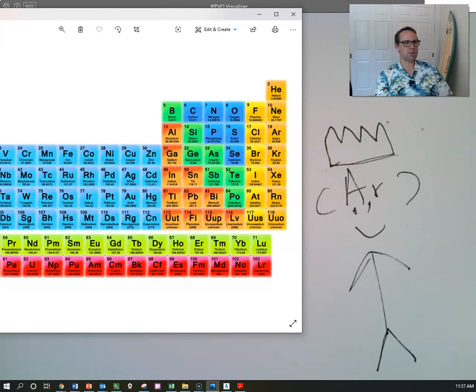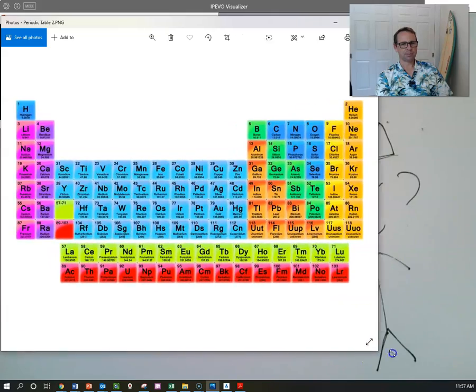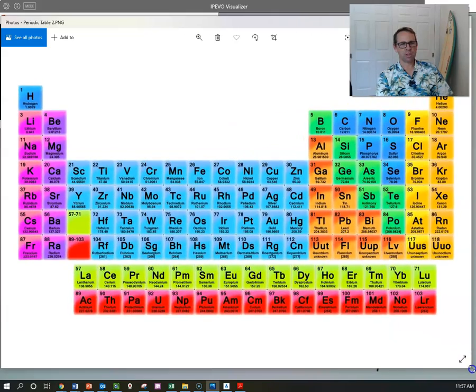So let's look at another example here. Let's look at the other side of the periodic table. Let's look at sodium, which is element 11. If we look at sodium, element 11, and say, what does it have to do to attain a noble gas electron configuration?